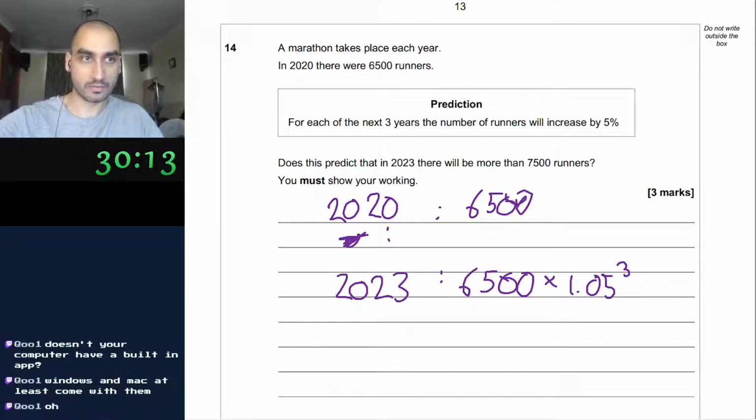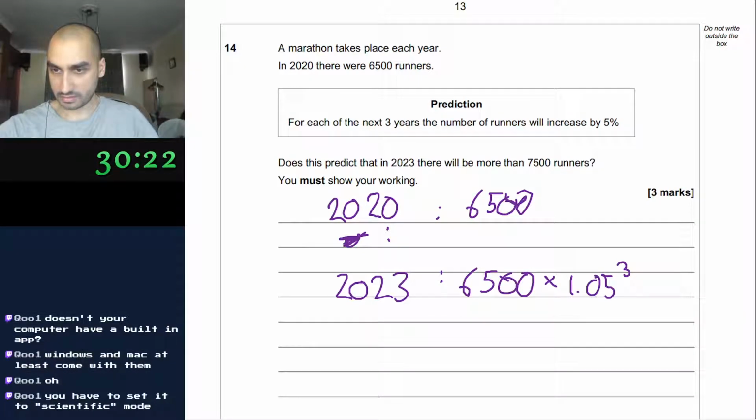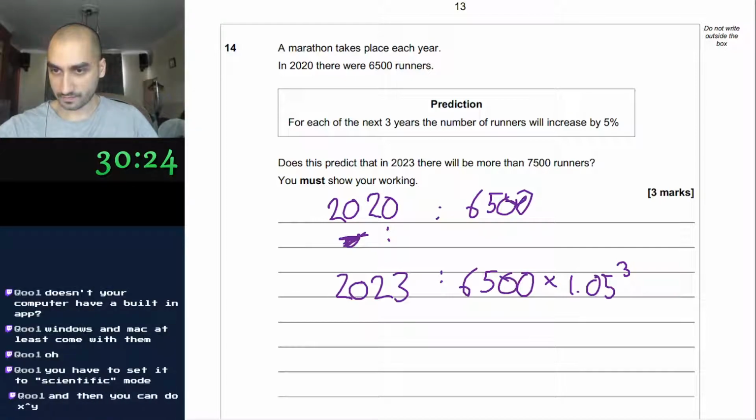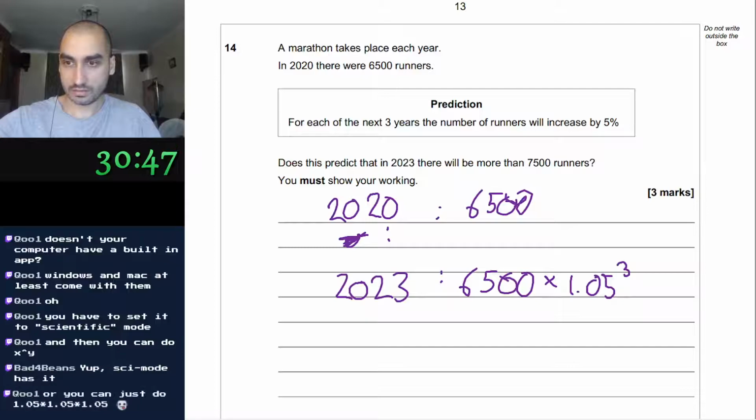Unless I change it to scientific mode. There we go.